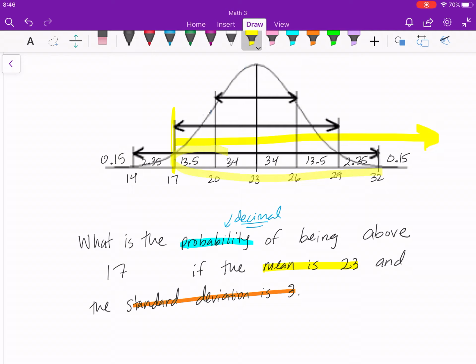And so I just add all these percents that are above. So if I add all those up, I get 13.5 plus 34 plus 34 plus 13.5 plus 2.35. And then that also includes the 0.15. I add all of that up together, and I get 97.5%.